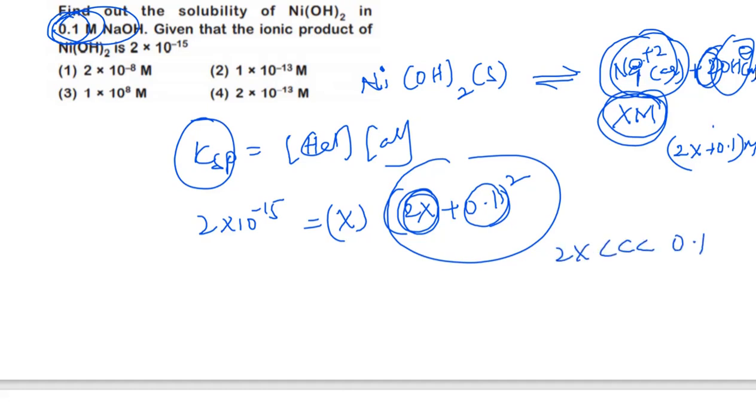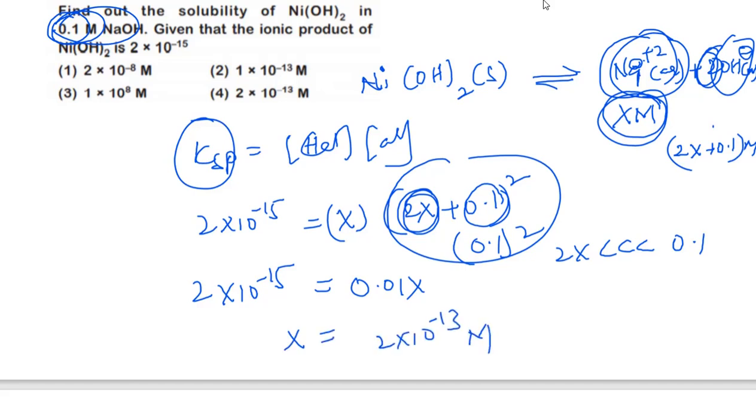So just consider 0.1 squared, so here you will get 0.01 into x, which equals 2 × 10^-15. Now x equals 2 × 10^-13 M. So this is the solubility, 2 × 10^-13 M. So the fourth option is the correct answer.